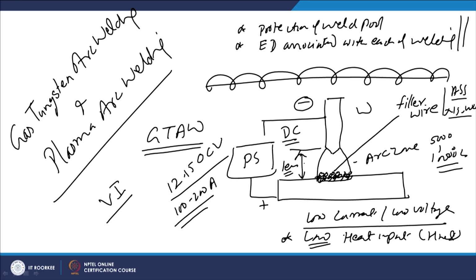The length or standoff distance between the electrode and the workpiece is very small, and that is why the chances of atmospheric gases entering the arc zone are less, and through the use of inert gases we provide the required shielding. So, there are a few good points: a very small arc gap and the use of argon or helium as a shielding gas.